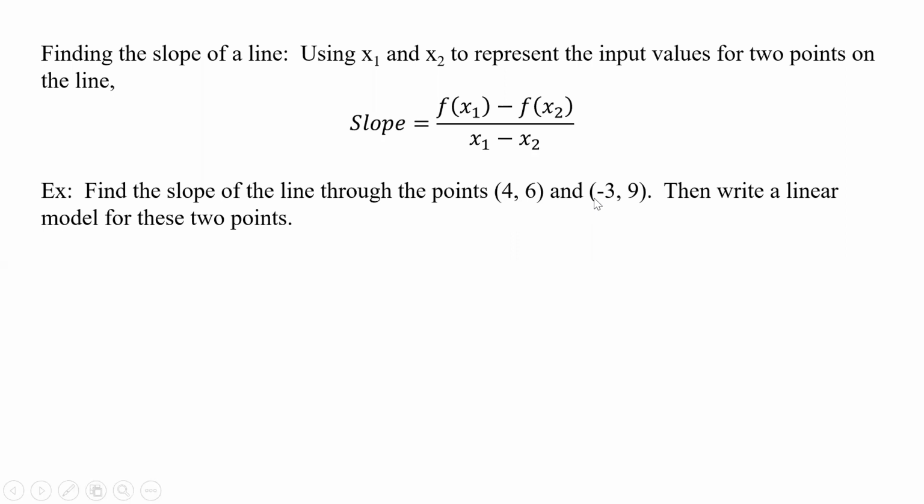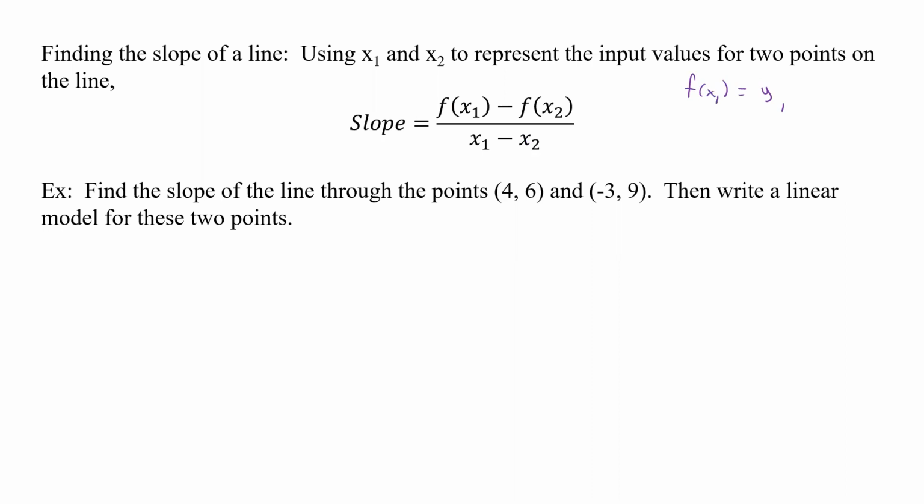To find that slope, our slope is equal to f(x1) minus f(x2) over x1 minus x2. Well, what is f(x1) really? f(x1) is really just y1. That's the output after we plug in x1.